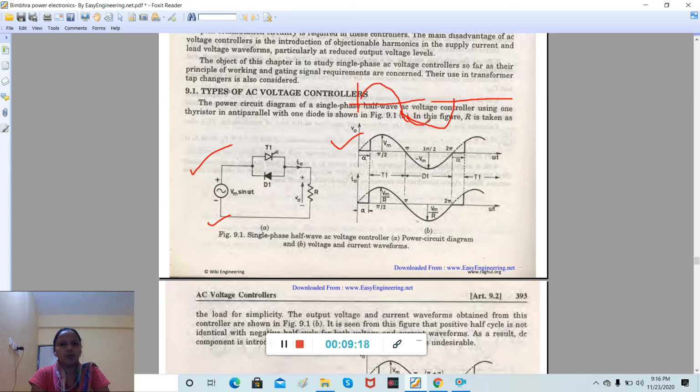AC voltage control converts AC voltage of one magnitude to another without changing its frequency.